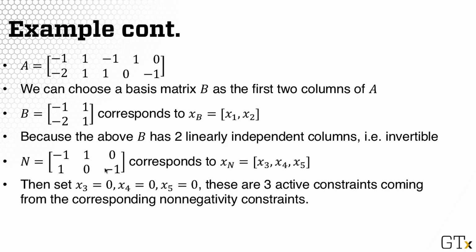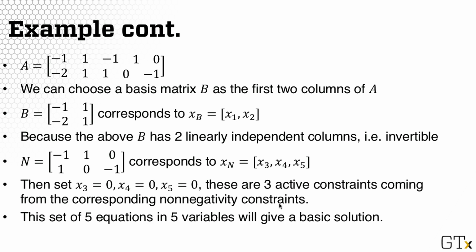And the way to generate the basic solution corresponding to this basis is to set the non-basic variables to be 0. Okay, so this 3, x3, x4, x5 equals 0 gives 3 active constraints, and they are active from non-negativity constraints. So in total, we have 5 equations in 5 variables, 2 from the existing equality constraints, 3 from the new active constraints coming from non-negativity.